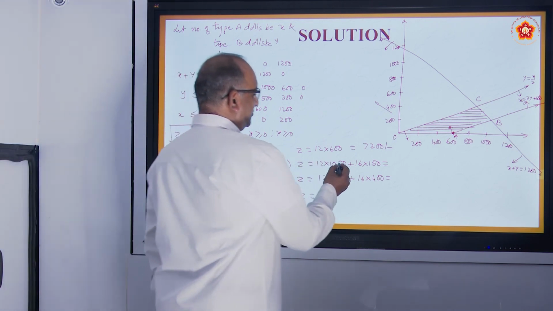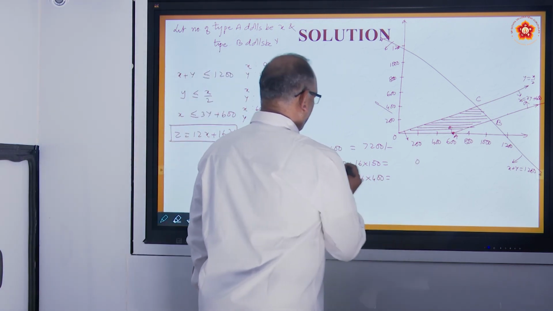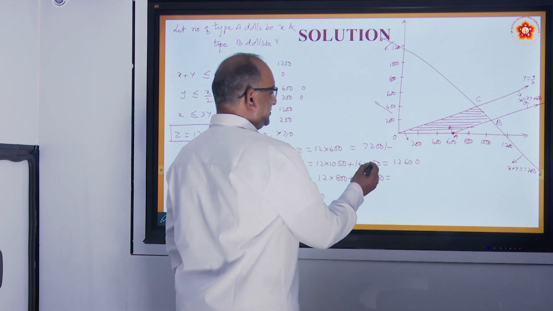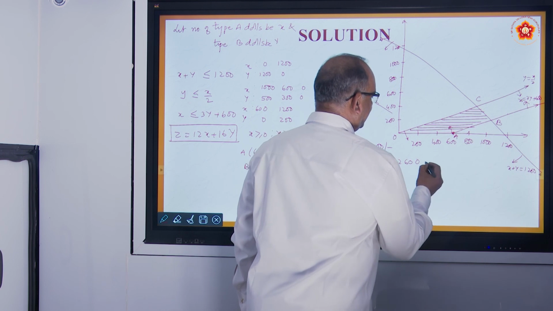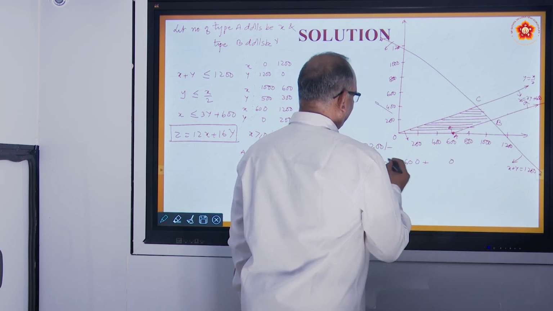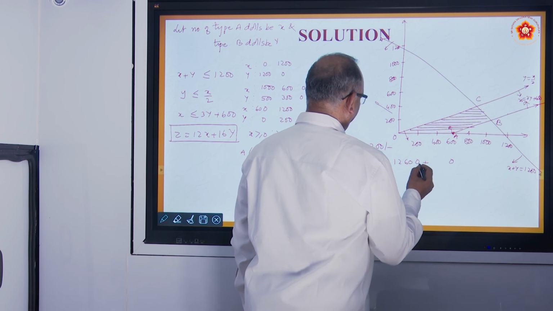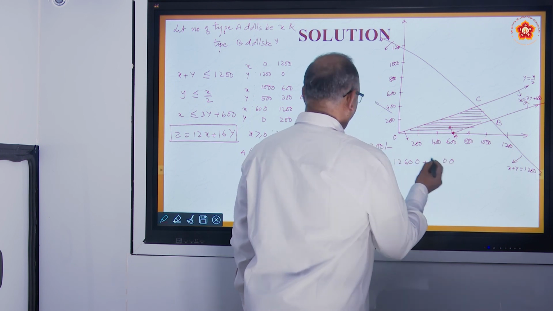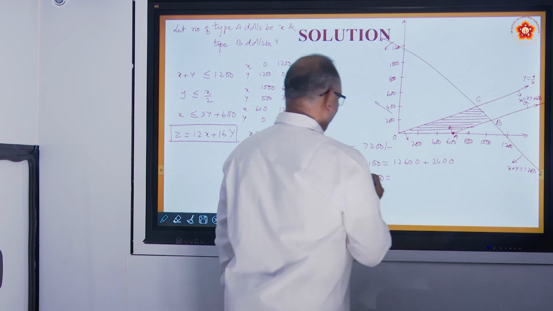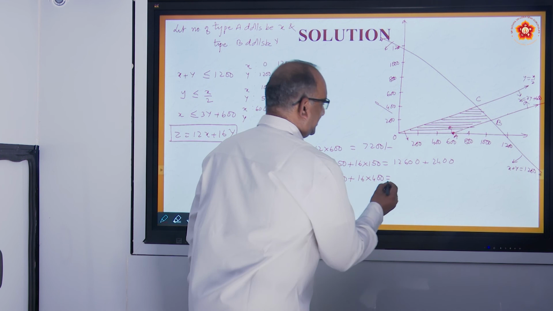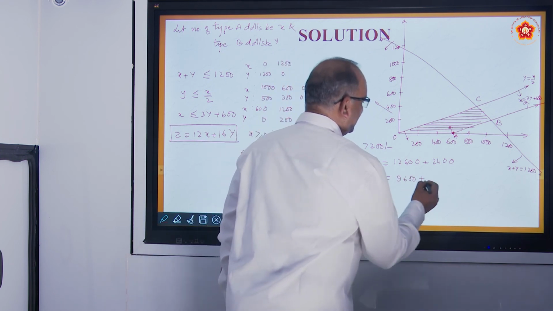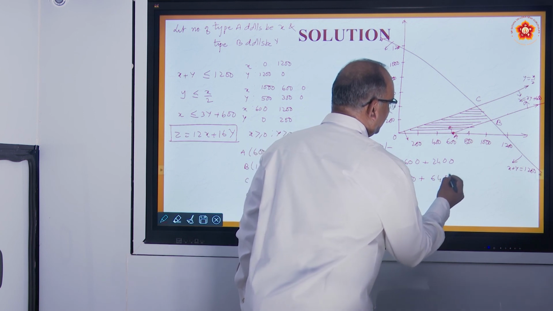Simplify this, 12 zeros 0, 12 5s are 60, and then 12 1s are 12. Multiply with this, 0, 15 6 are 90, 0 9, 15 plus 9, 24. Finally, 9600 plus 6400.